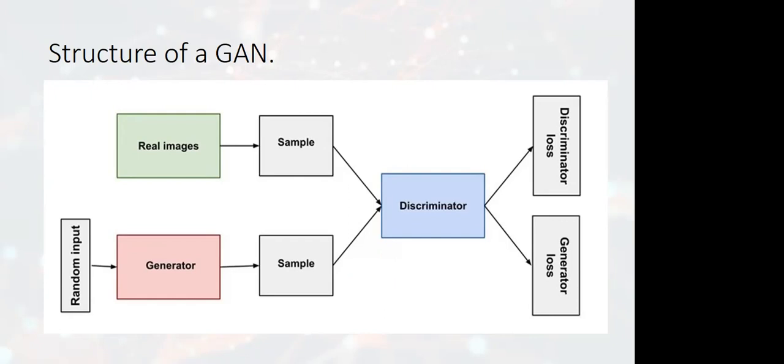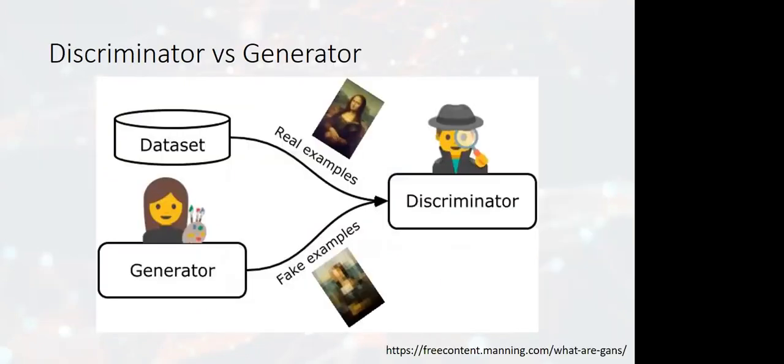So the generator is actually not dependent on the real images. Okay, wait, I'm going ahead of myself. This will be more clear once we learn the loss functions which we are using to train the generator and the discriminator. Here a generator tries to produce a fake image without the knowledge of the data set, but its only goal is to fool the discriminator.